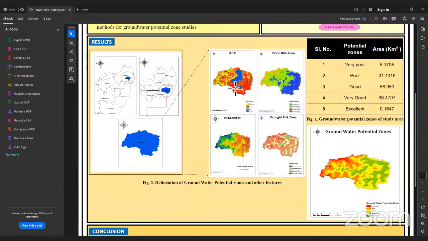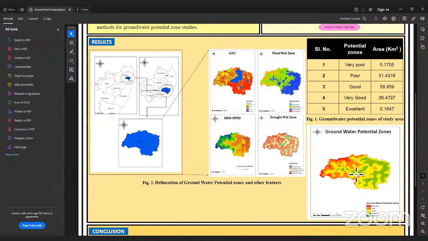Here the water body is located. Due to the water body, the groundwater potential is excellent in the region located near the water body. If you look here, near the agricultural land and some of the settlement, there are very minimal groundwater potential zones.